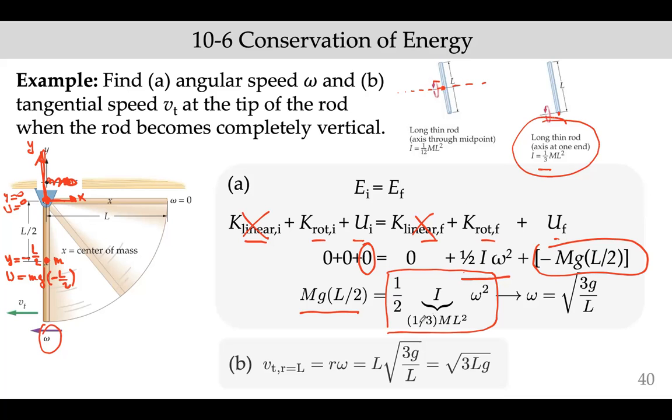So the moment of inertia will be 1/3 m L squared, and L is the whole length of the rod. If you solve this equation for omega, you will end up with the square root of 3g divided by L. And here g is the gravity of the Earth.